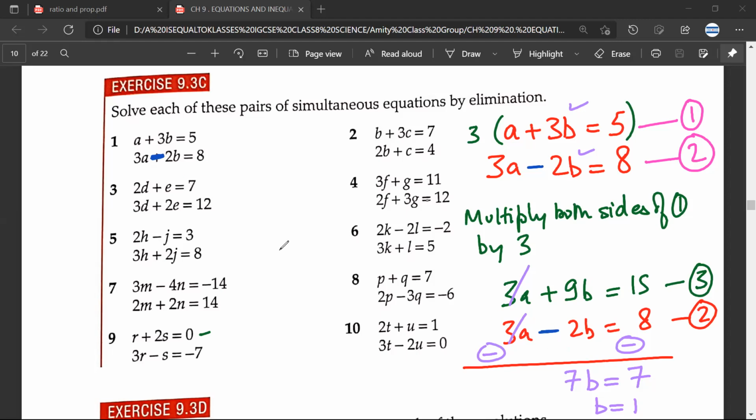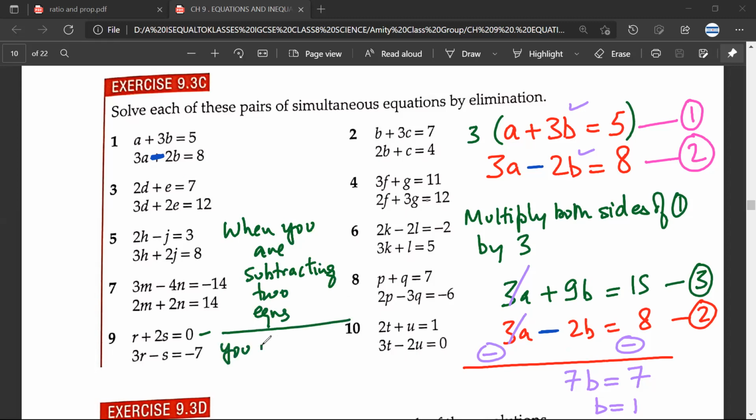Sir, I'm trying to tell you that when you are subtracting two equations, you need to change the sign of the second equation, which means that 3a is positive, it will become negative.